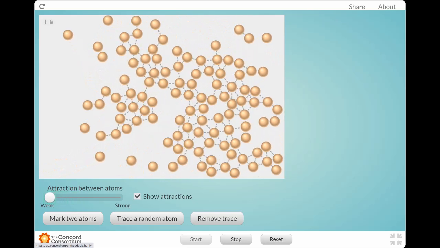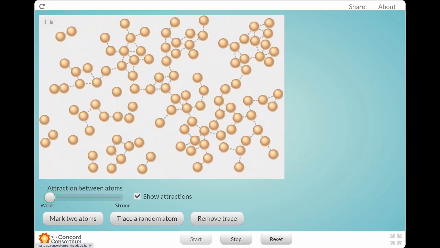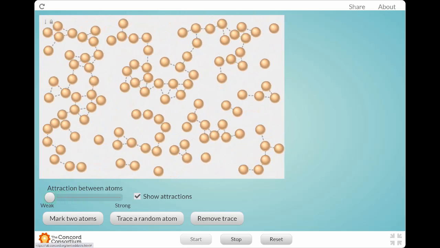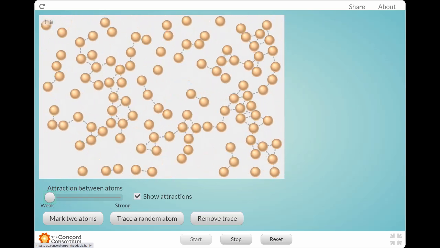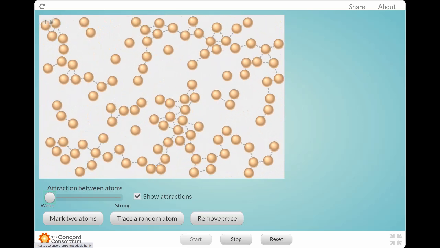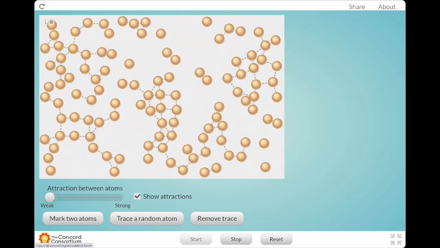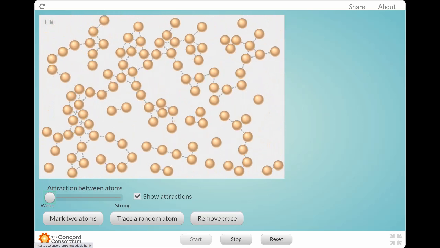If we continue weakening the attraction, that resembles more of a gas state. So the fewer attractions you have between molecules, the weaker the intermolecular forces, and the more gas-like that substance will be.